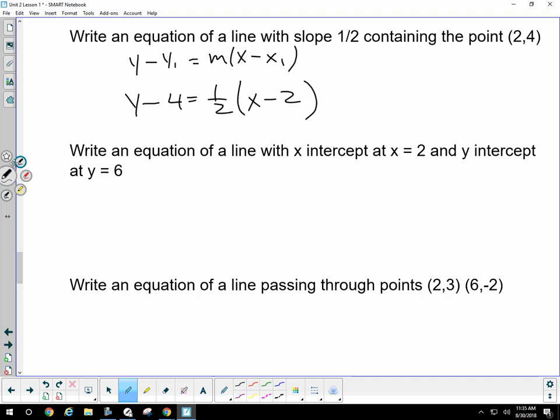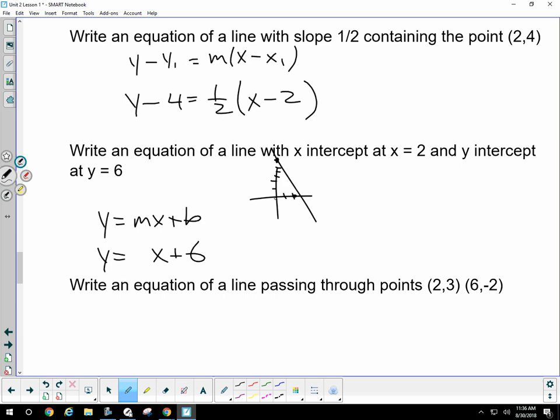Write an equation with an x-intercept of 2 and a y-intercept of 6. Well, I want to do y equals mx plus b. But the problem is, I'm not given m. I just have the b. But I can find the m, find the slope, either by graphing and using rise over run, x-intercept of 2, y-intercept of 6.